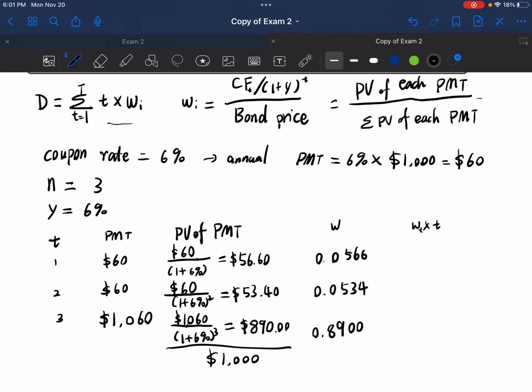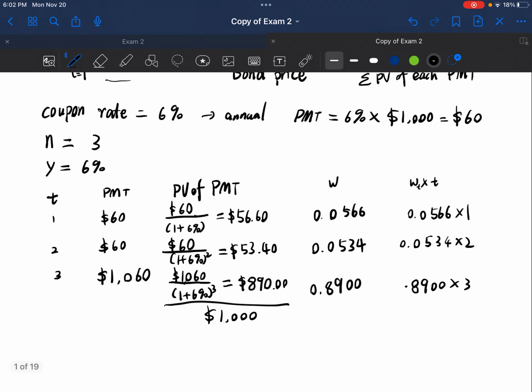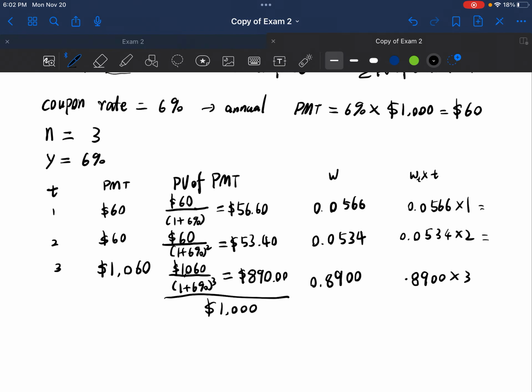You use 0.0566 times 1, 0.0534 times 2, 0.89 times 3. If you add them together, you will get the duration for this bond, which is 2.8334.